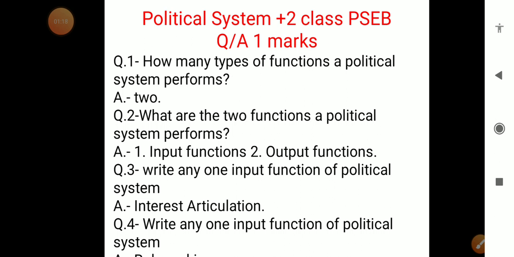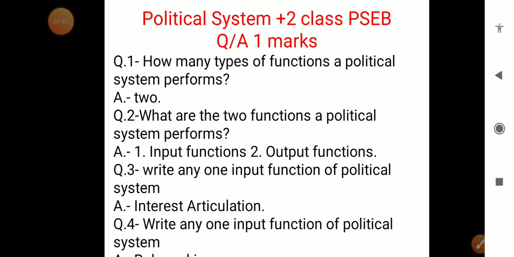And what political system is, and function of political system, and relation between political system and differences between political system, right, and state we have done, and functions of political system, right?